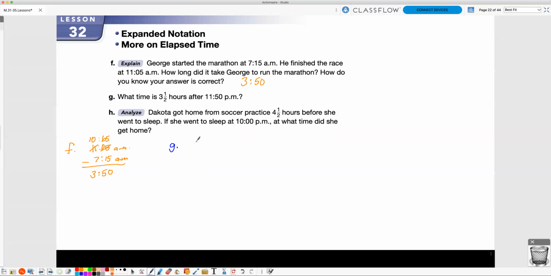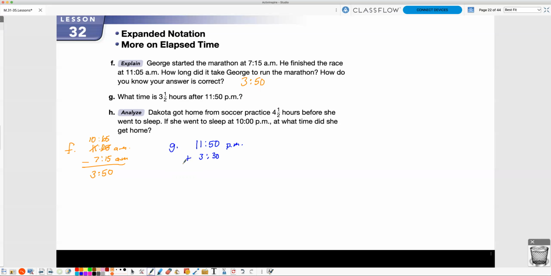All right, if I started at 11:50 p.m., notice I'm really close to the threshold between switching from p.m. to a.m. It's close to midnight. 3.5 hours is the same as 3 hours and 30 minutes.